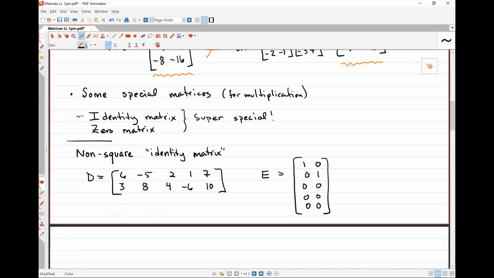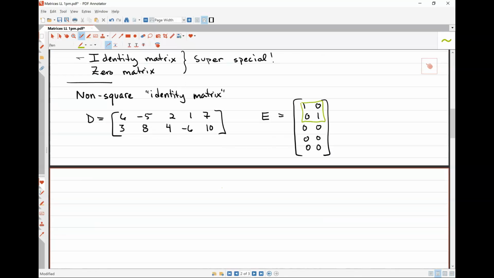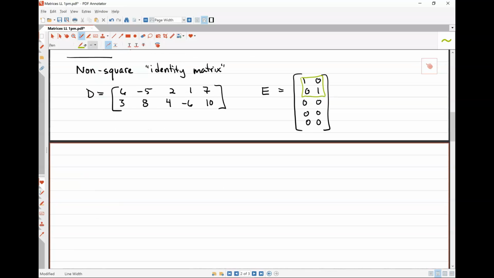And you can see this kind of looks like a 2 by 2 identity matrix. But let's compute and see what happens when we start multiplying these two matrices out. If I compute D times E, I can do this because D is a 2 by 5 and E is a 5 by 2.